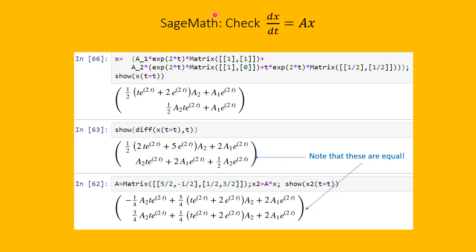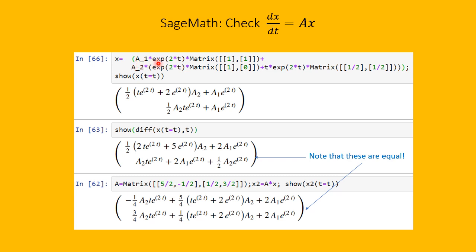Before we tackle the non-homogeneous problem, let's check to make sure that our solution to the homogeneous problem is correct. The derivative of x with respect to t equals A times x. So here is the x that we just found. I use a's here instead of c's for some reason.